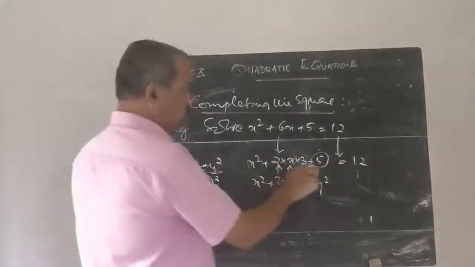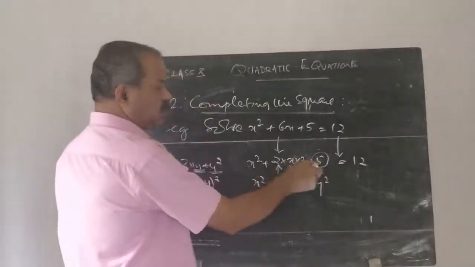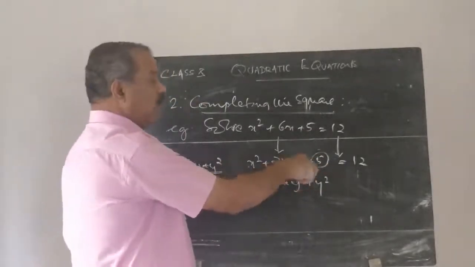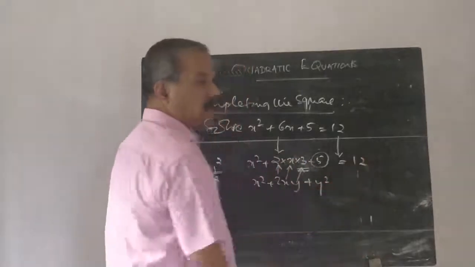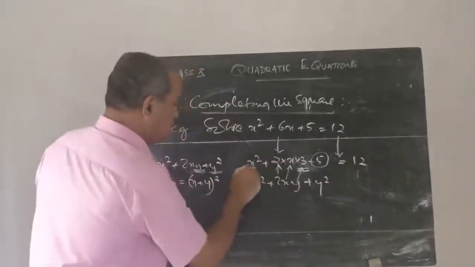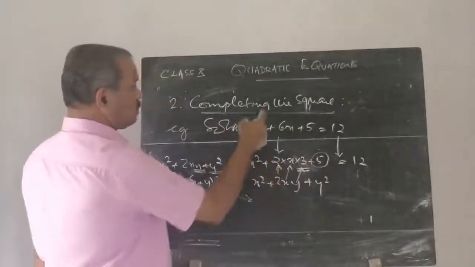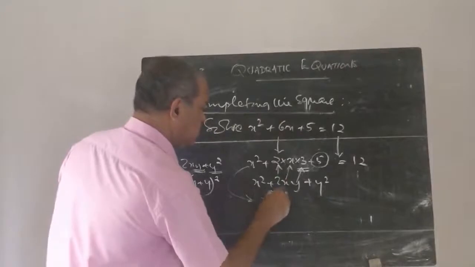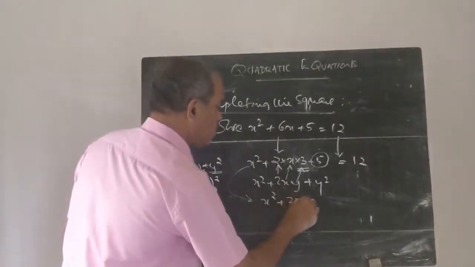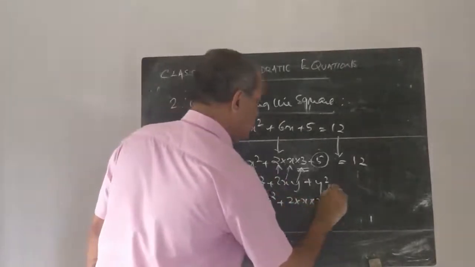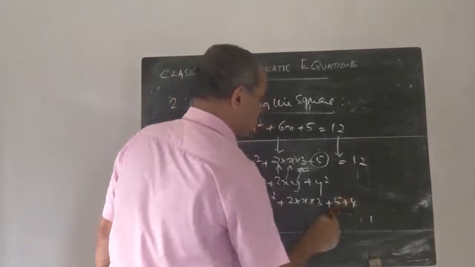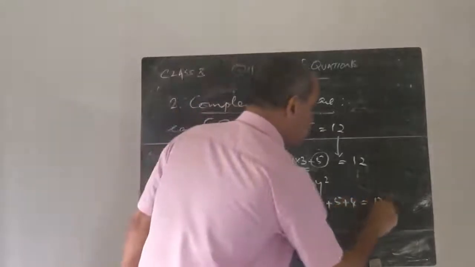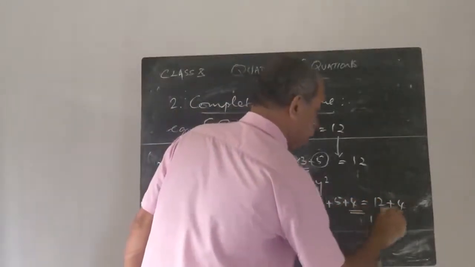To change 5 to 9, we have to add 4 to 5. At the same time, we have to add 4 to the RHS also. That is how we can complete this as a square. 2 into x into 3 plus 5 plus 4, which is 9, equal to 3 square, equal to 12 plus 4, the same 4.